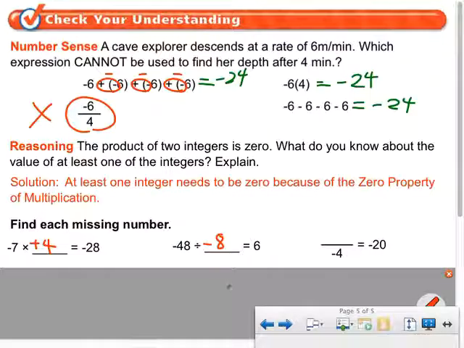Yes, positive 80. 80 divided by 4 is 20, but a positive 80 divided by a -4 is -20. Different signs give a negative. You can go backwards and say 20 times 4 is 80 to work backwards to it.